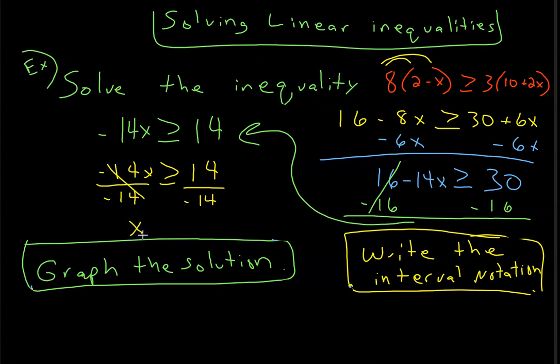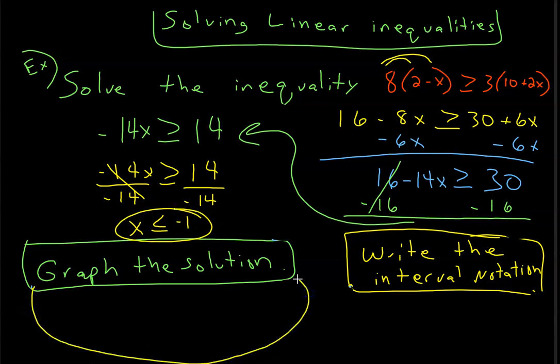And when you divide by a negative, you should remember the sign has to be flipped, changed directions. So x is less than or equal to negative 1. So my graph should be this. The graph starts at negative 1. Oh, that's not a 1, negative 1.